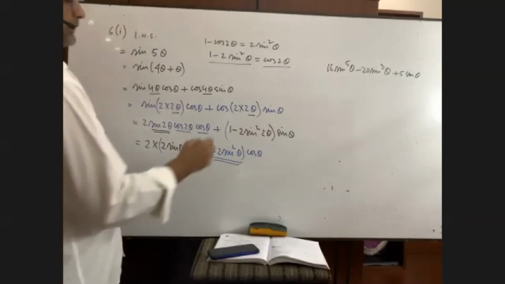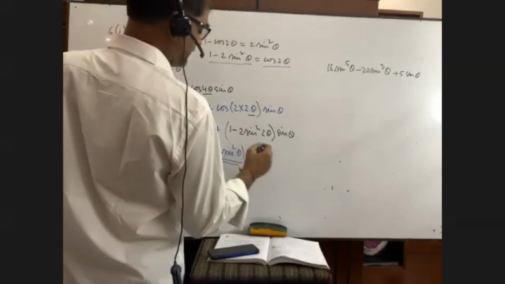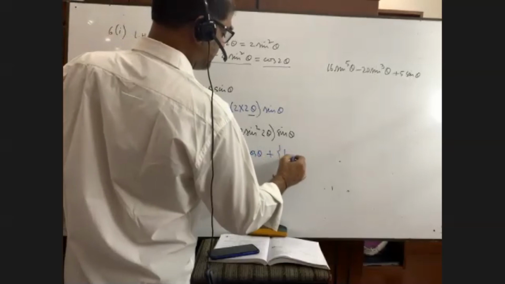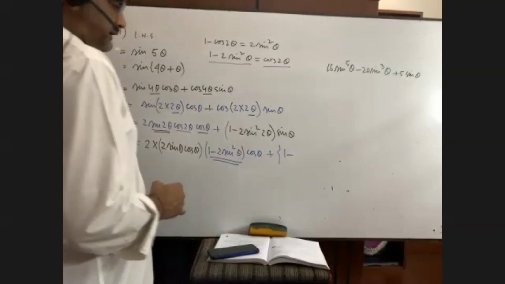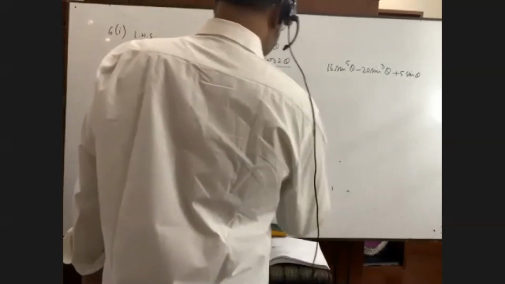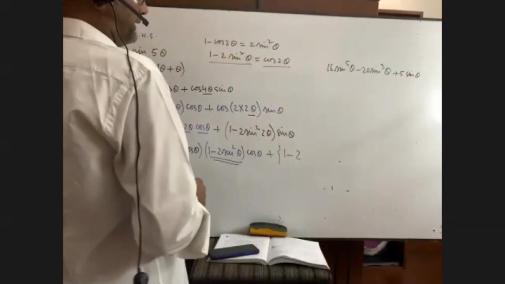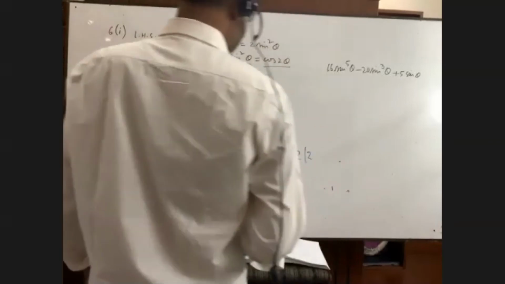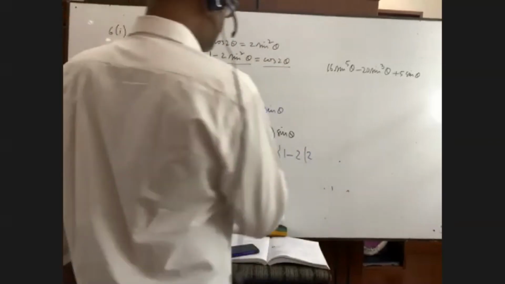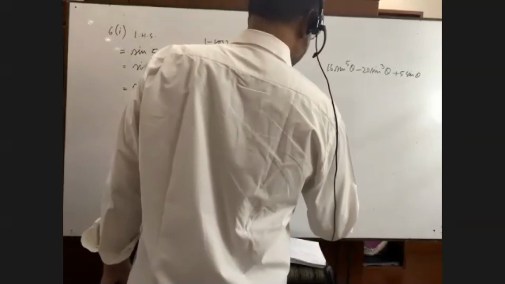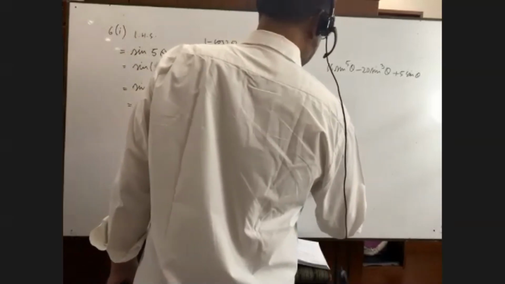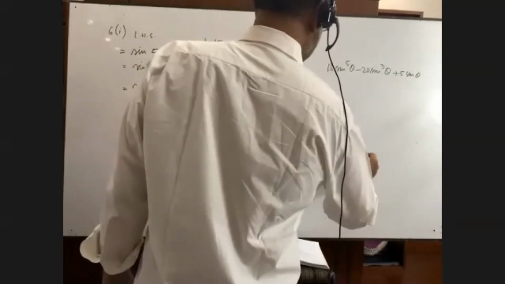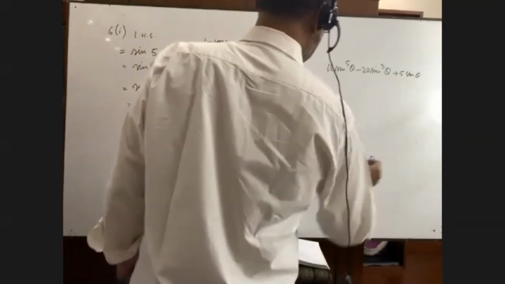Now you multiply it afterwards. Then we can write here 1 minus 2 sine square 2 theta. That means in the bracket we can write 2 sine theta cos theta whole square. Let me know if you fail to understand.